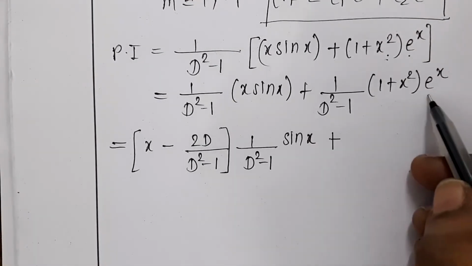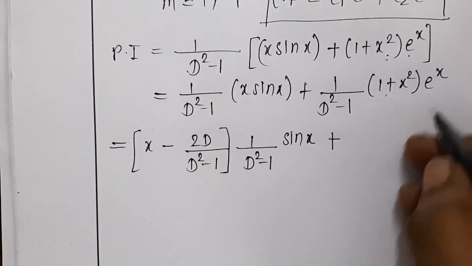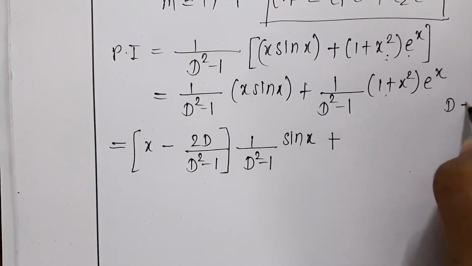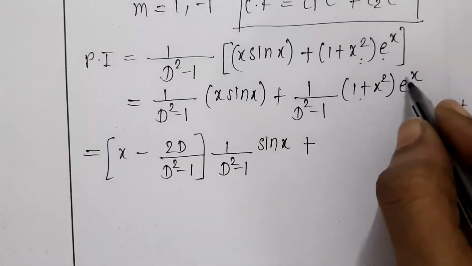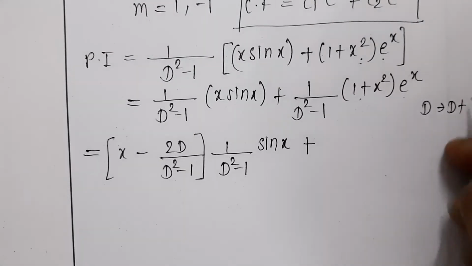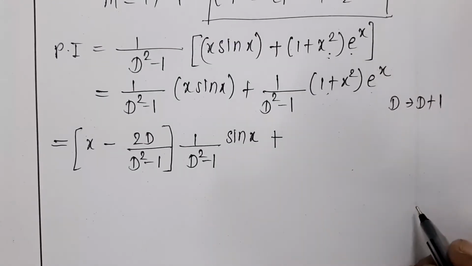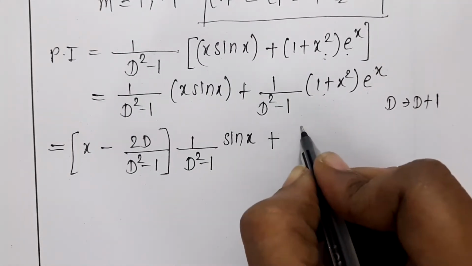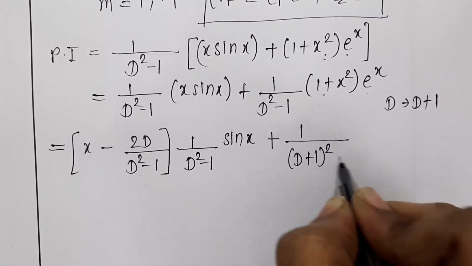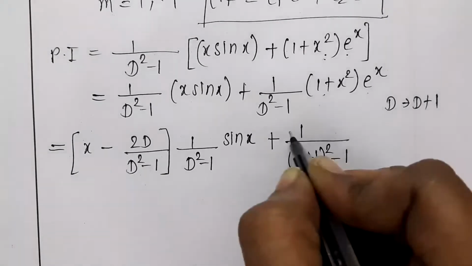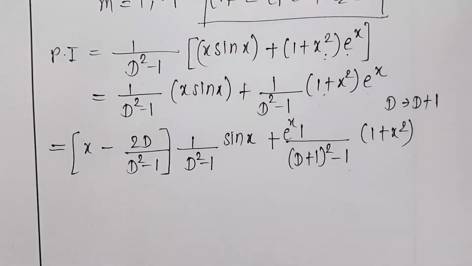Fifth case is e to the power ax multiplied by v. V is here a polynomial, so replace d by d plus the coefficient of x in the exponential term, which is 1. So replace d by d plus 1. It is equal to 1 upon d plus 1 whole square minus 1, e to the power x outside, multiplied by 1 plus x square.